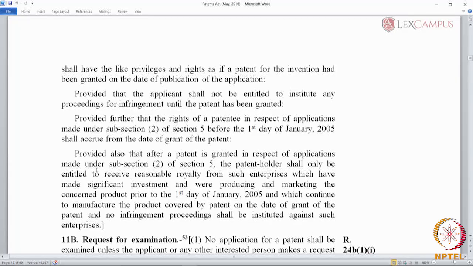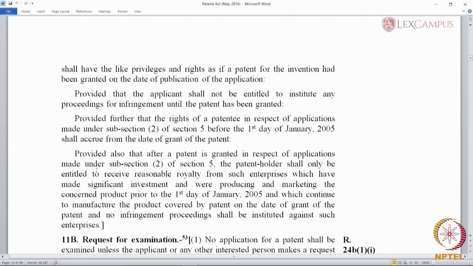Now, with the amendment in 2005, the provisions of section 5 were no longer relevant and they were repealed. But this is a passing reference which says that the rights of a patentee in respect of an application made under section 5(2) before the 1st of January 2005 shall accrue from the date of grant of the patent, which means there is an exception.